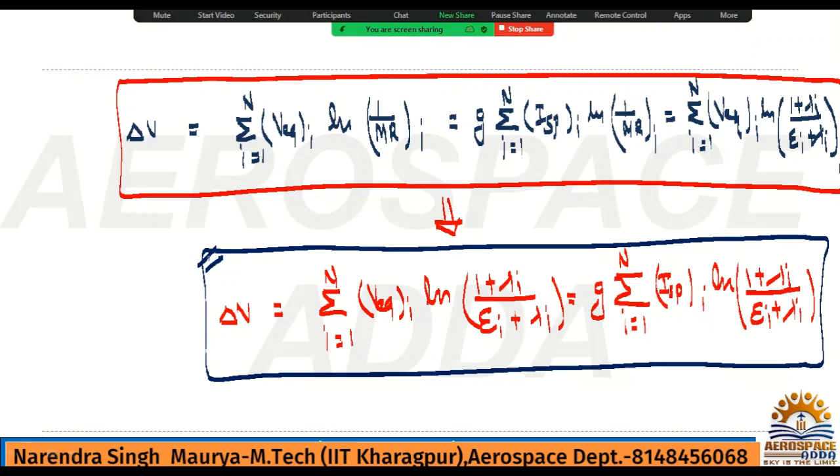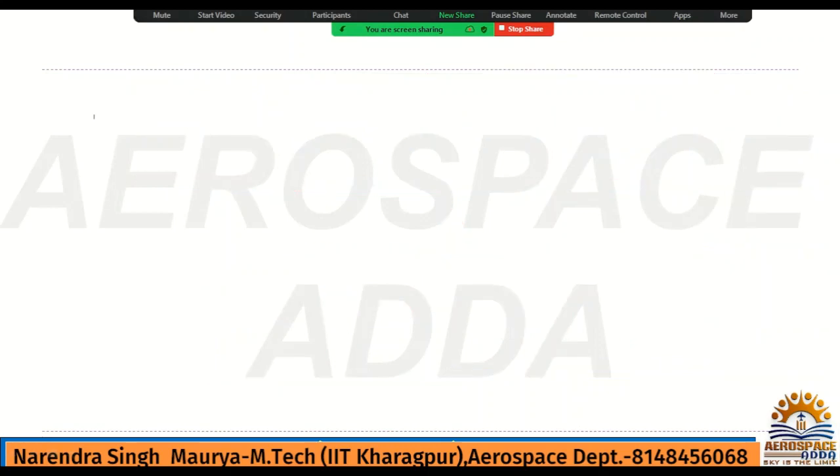Done. And this is very simple to remember, because we already have derived it, so for multi-staging we can write this. One more thing, now key points or note you can write here. What is the note?